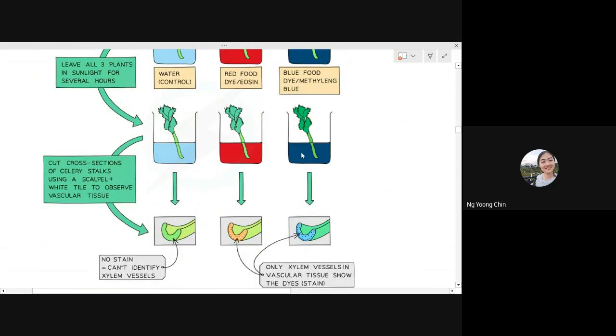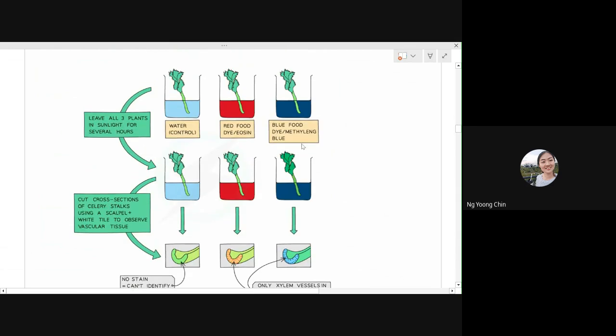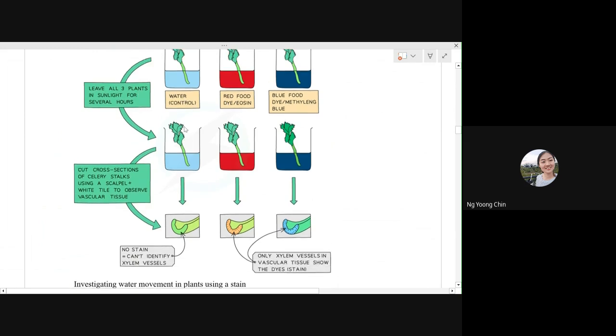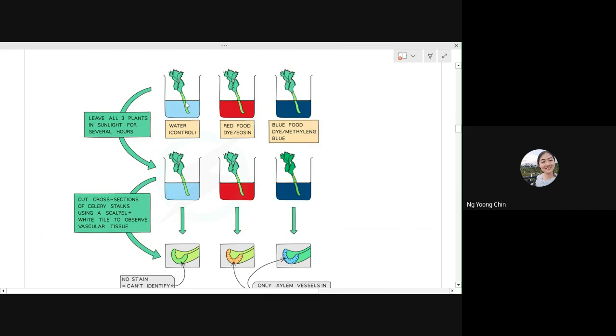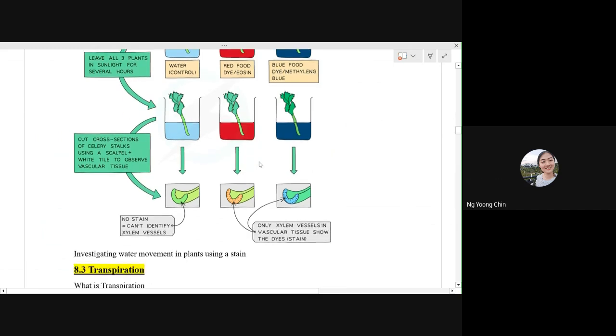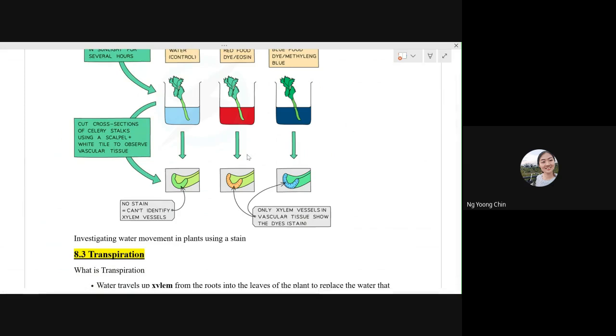So this is an experiment that studies how the water is able to move upwards within the stem. You can see that they place the plant cuttings into 3 different solutions with different colors. At the end, they found that only the xylem of the vascular tissue shows the dye stain.